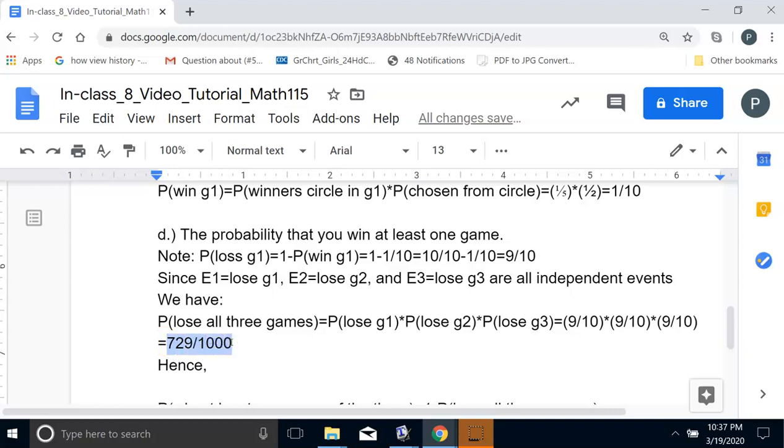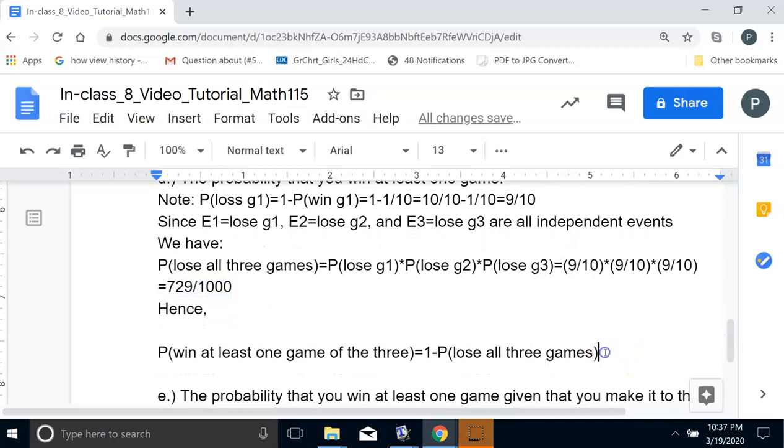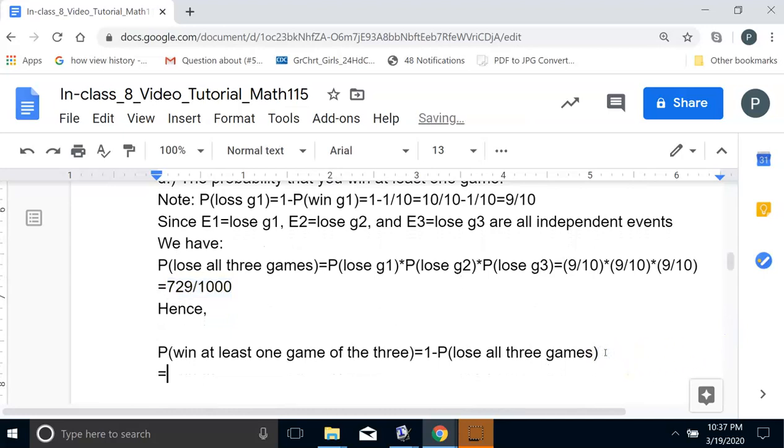So let's take that. I'll put it here. Let's put a new line. So it'll be equal then 1 minus 729 over 1,000. Now the 1 you can write as 1,000 divided by 1,000.